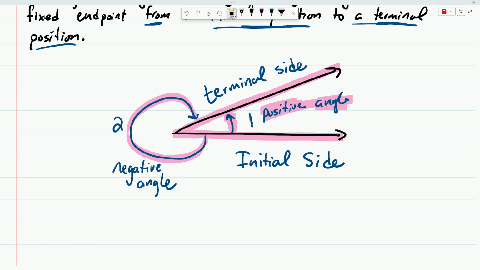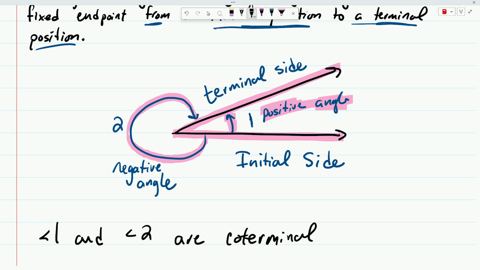I guess I can write it like this. Angle 1 and angle 2 are coterminal. That's just because one is a positive angle, the other is a negative angle, but since they both start at the initial and end at the same terminal, they are coterminal angles.